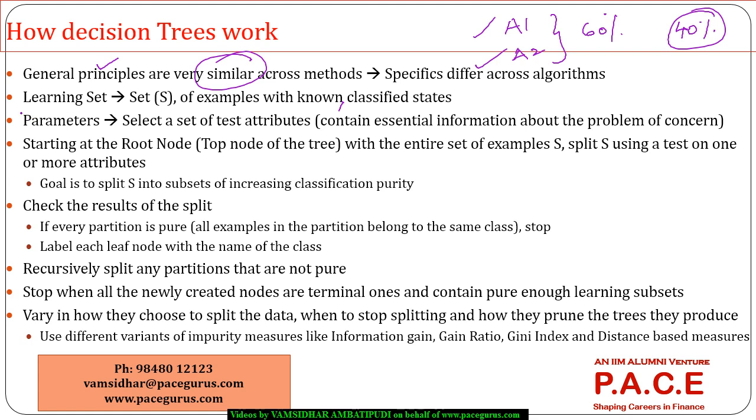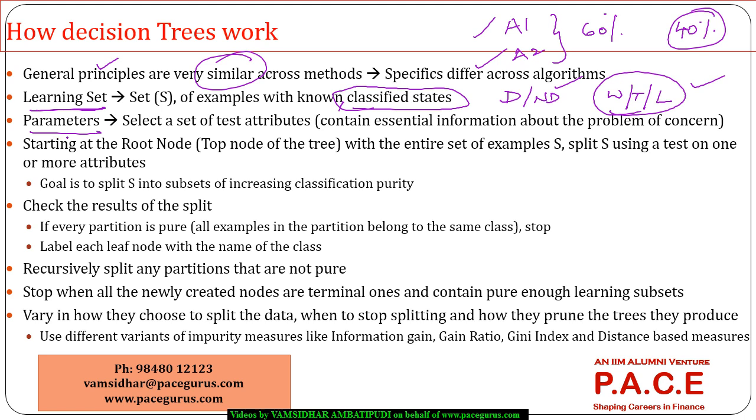Terminology-wise, we use something called a learning set, where we know the classified states. When I say classified states: default, no default, or win, tie, or loss. These are the examples with known classified states. So these are the three classified states here, and these are the two classified states here. So we have a learning set.